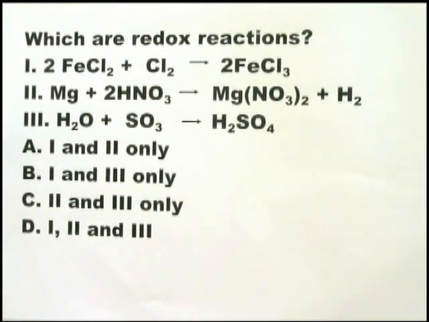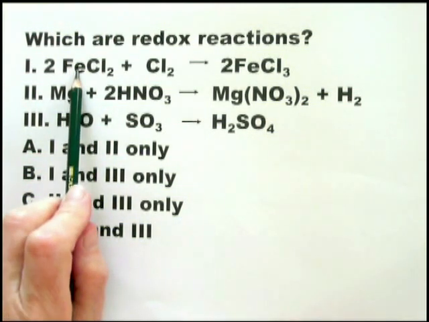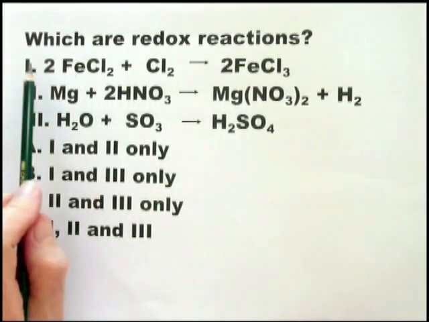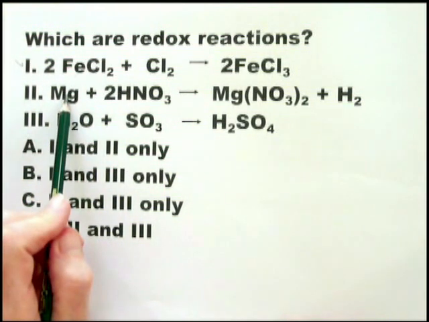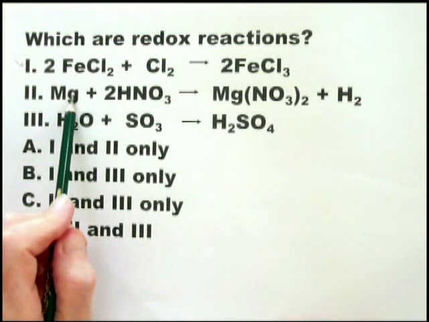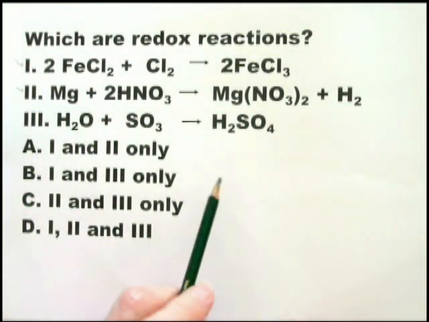A redox reaction is where oxidation and reduction take place at the same time. Now we can see that in this case, Fe goes from Fe2+ to Fe3+. So that, yes, is a redox reaction. Mg goes from Mg0 to Mg2+. That is a redox reaction.